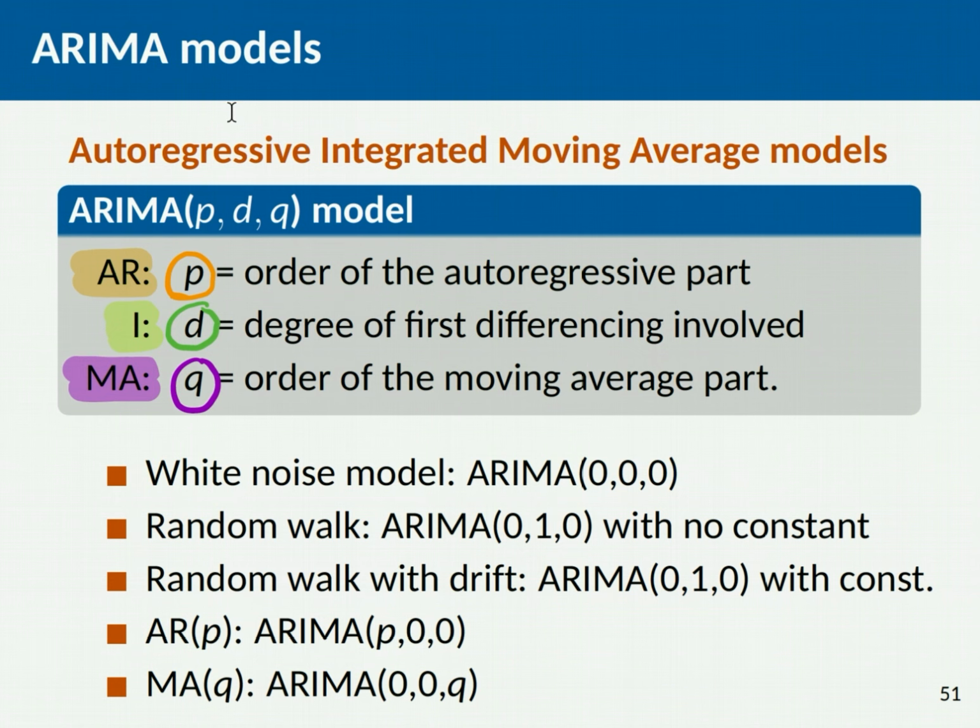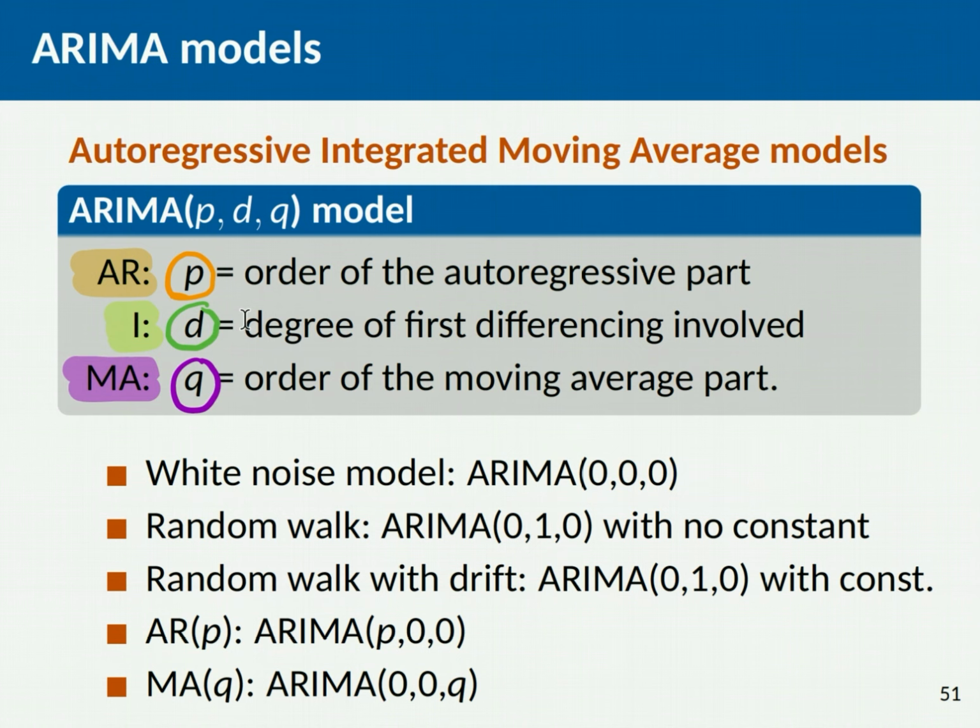To write it out, we have three components to the autoregressive integrated moving average model. First is the autoregressive representation, which is of the pth order. For the autoregressive part, this represents how many lag values of y you have, and that's p. The next is the degree of first differencing involved for the process, which is d.